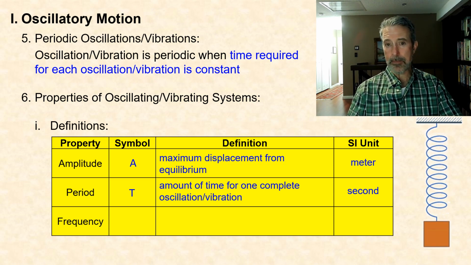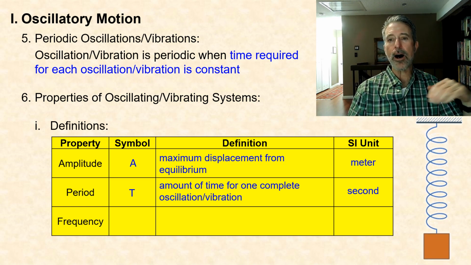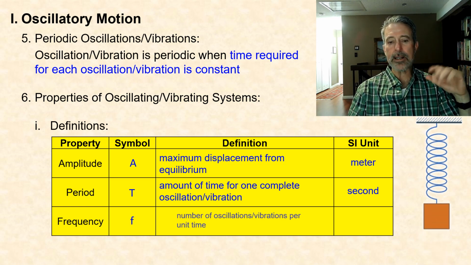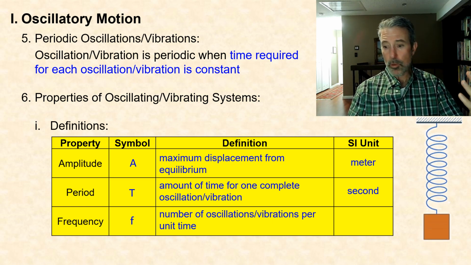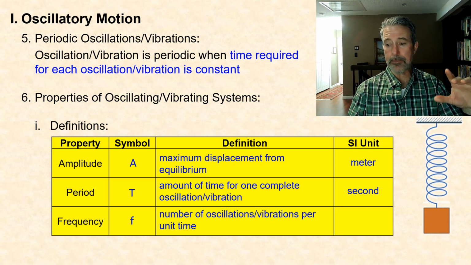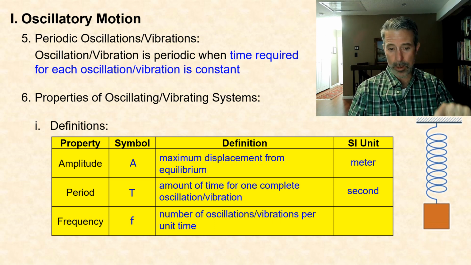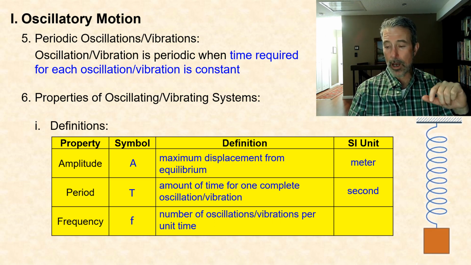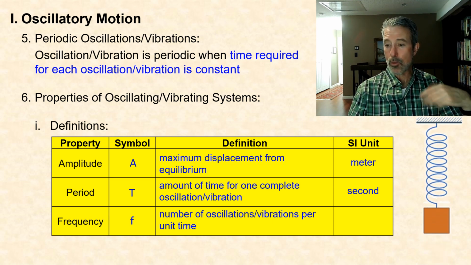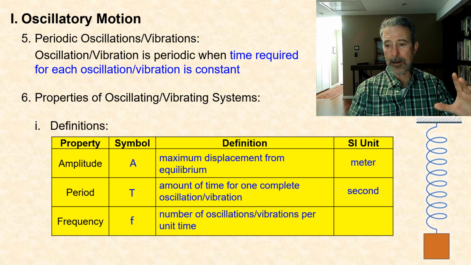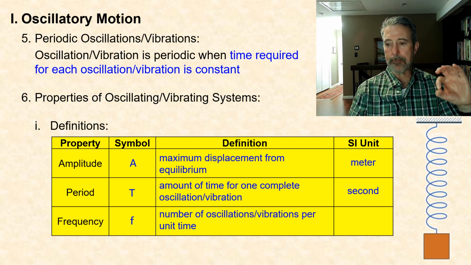The frequency of oscillation or vibration is simply the reciprocal of the period. That is the number of oscillations or vibrations per unit time. The symbol we use to describe frequency is really twofold. If we're talking about the characteristic frequency, what I'm talking about in this slide, we use the symbol f. And you may recall from your course in mechanics that we also introduce what we call an angular frequency, omega, which is related to the characteristic frequency by this factor of 2 pi.